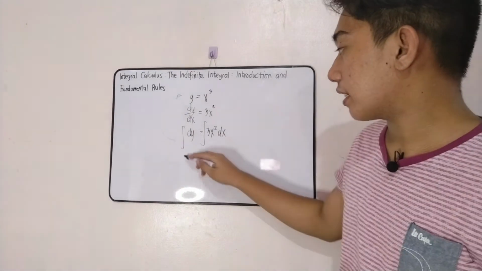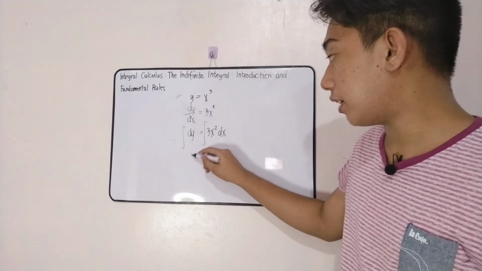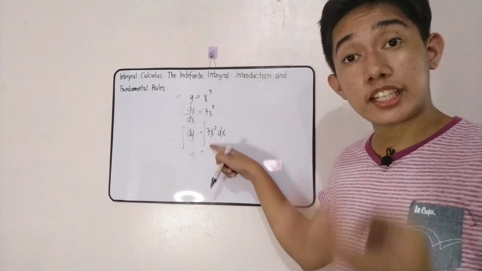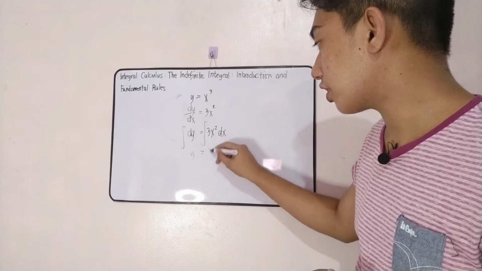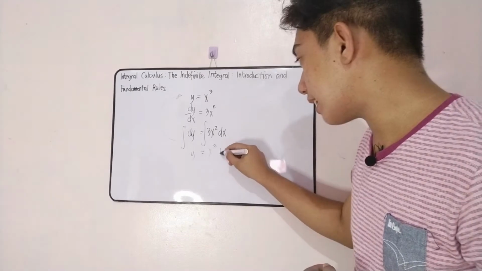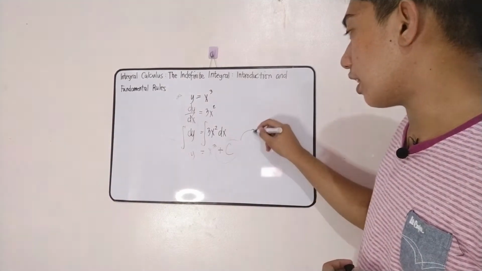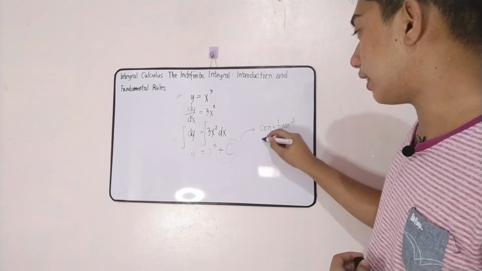So in this case, the integral of the differential of y will be y, and the integral of 3x squared with respect to x is x cubed, and we will put plus c, and that plus c is the constant of integration.